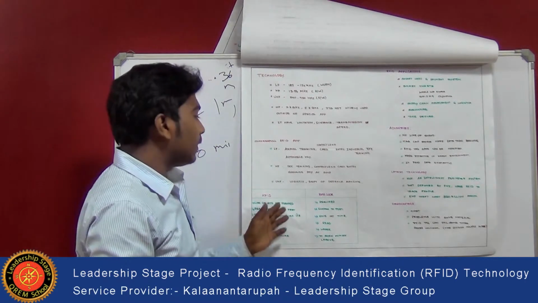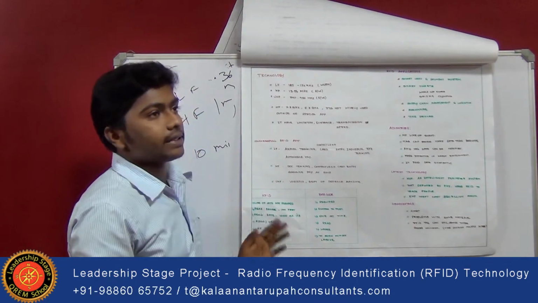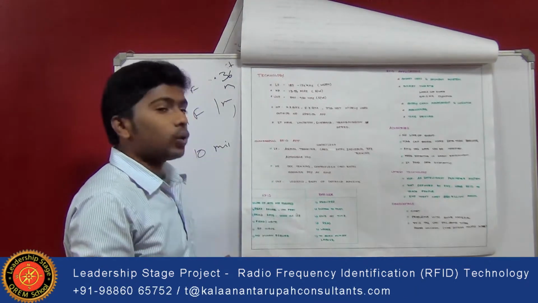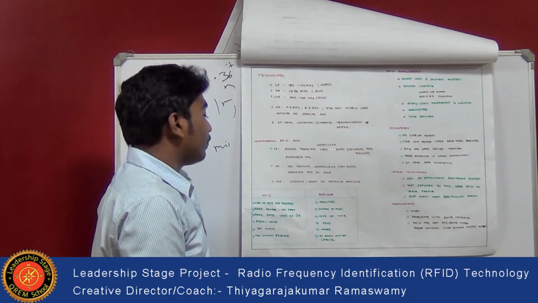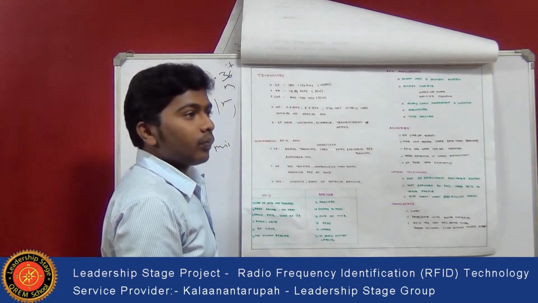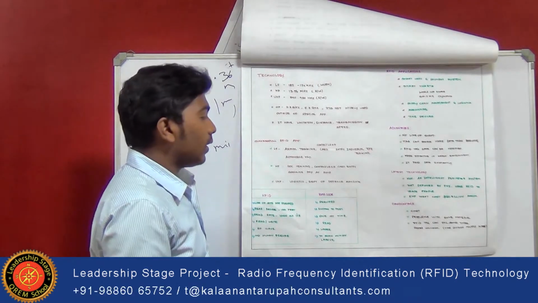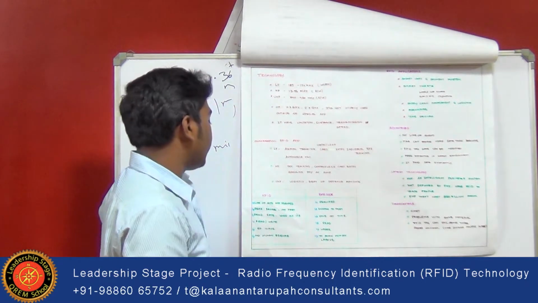Comparing RFID with the barcode, RFID does not need lines or strips, but barcode needs them. If the lines are scratched or destroyed, then it is very hard to identify the product.